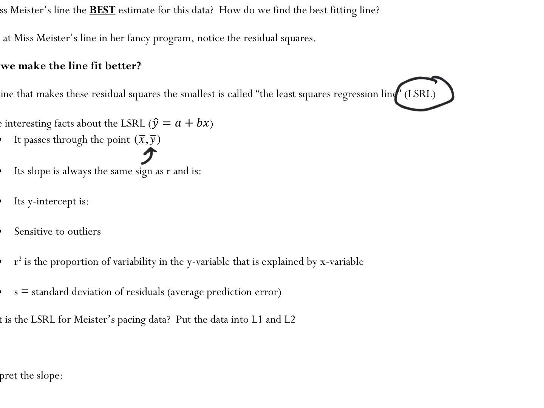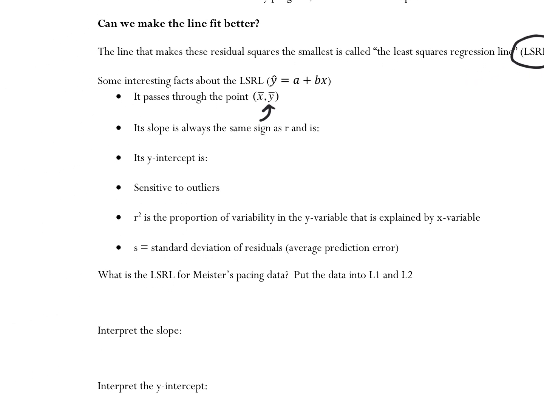When we moved the different point around, the least squares line always was at the intersection of the two means. The two means always were on that line, okay? All right. The slope is always equal to r times sy over sx.